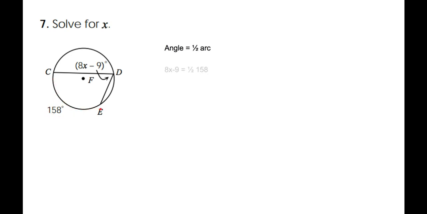So if we were setting up my equation, it would look like so. And then I want you to go ahead and solve this. Okay, so 1/2 of 158 is 79. I add 9 to both sides. So x is equal to 11.